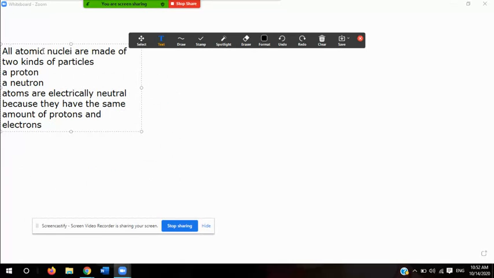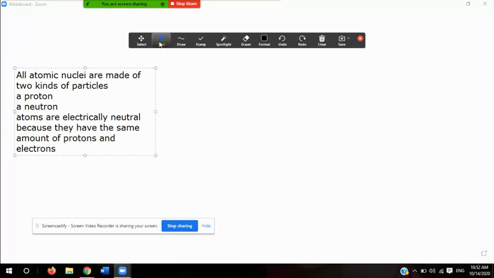Well, real quick, some information that I'm going to give you is that a proton has a mass of 1.673 times 10 to the power of negative 27 kilograms.